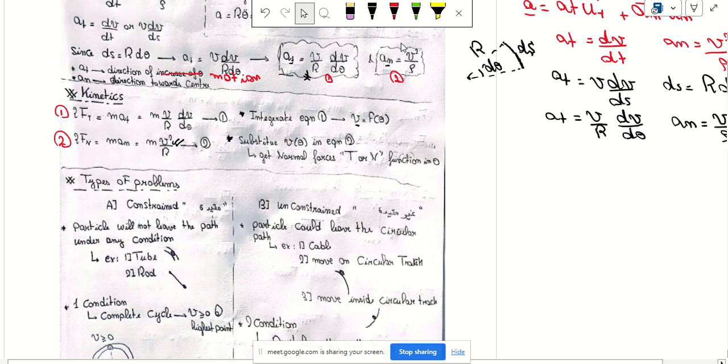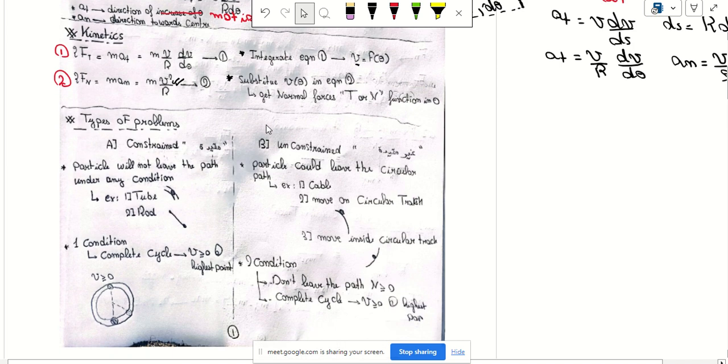What is the difference between constrained and unconstrained? In the constrained case, you have a particle moving along a circular track, and it will never ever leave this path under any condition.